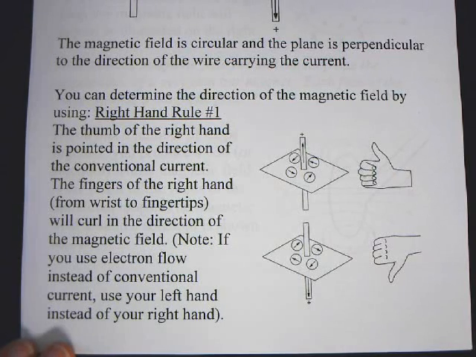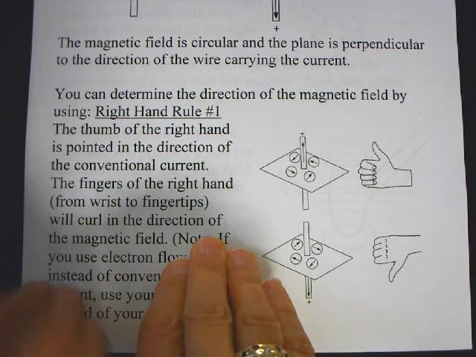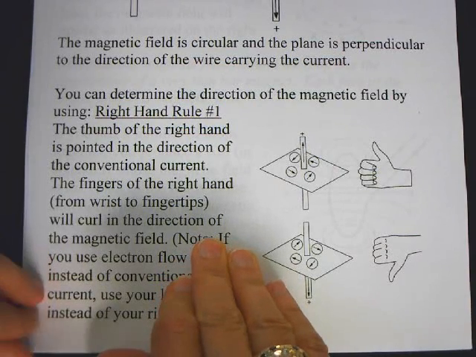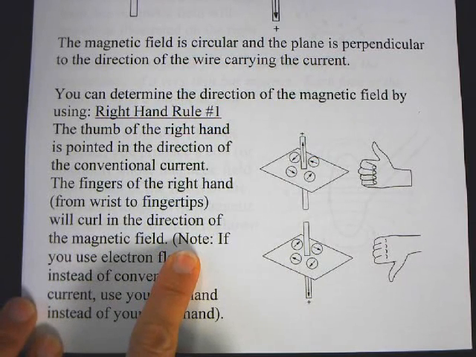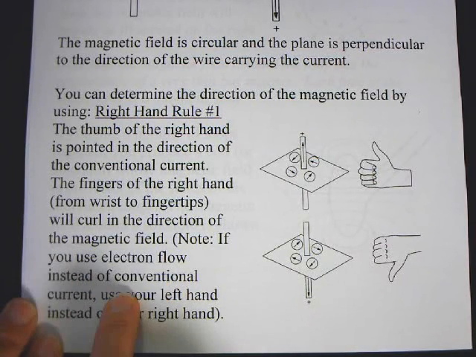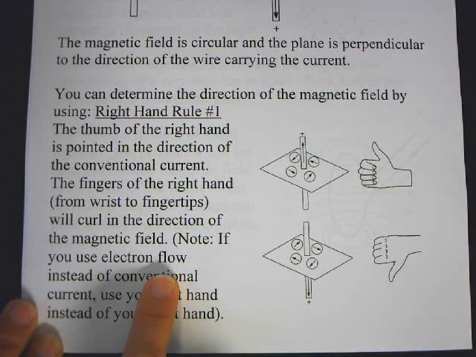So there's 3 right-hand rules that we're going to learn. And I'm going to show you what happens on your homework, and I wrote a note, if you use electron flow instead of conventional current. So if we're talking about electrons, what's the charge of an electron? Negative, that's right.